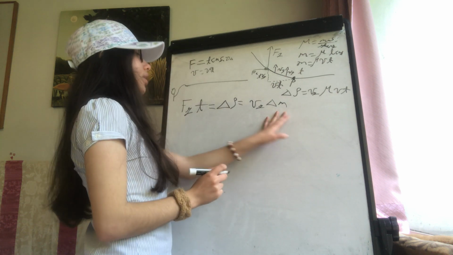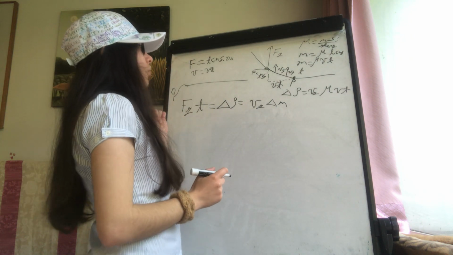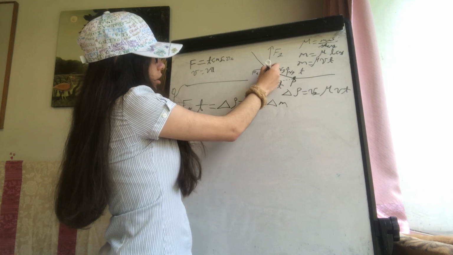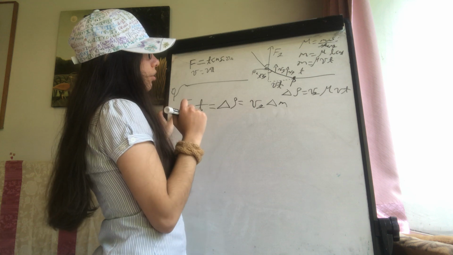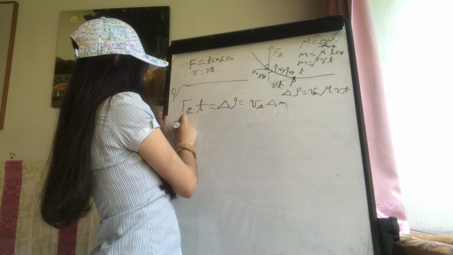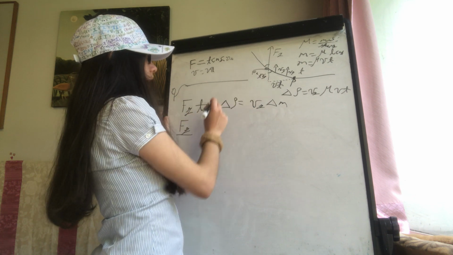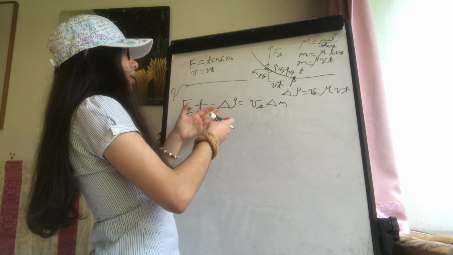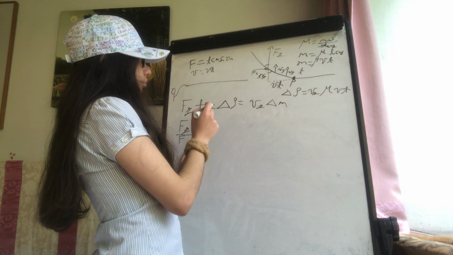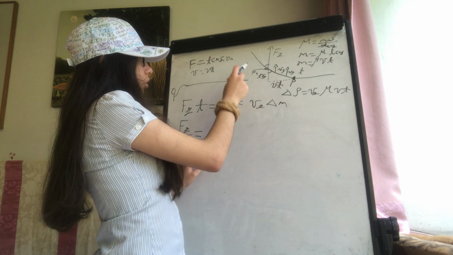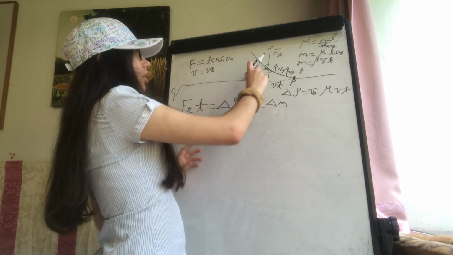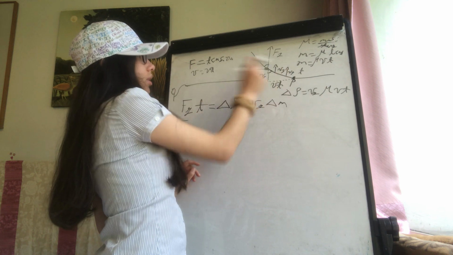Now this is the transverse impulse. So let me now talk about the transverse impulse. If you see, these are the same angle, so I have that the proportion F sub y divided by F, where the tension is the x component of the force, is equal to the distance on y divided by the distance on x.